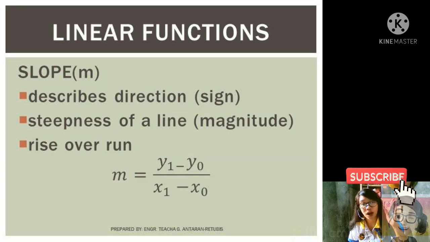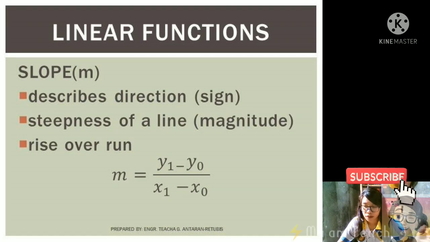The y refers to the vertical distance only, while the x sub 1 and x sub 0 are your horizontal movement. Your x sub 0 is your previous point and your x sub 1 is your final point. All you have to do is subtract to determine the change in position, or the distance between the 2 points. So you simply get the rise over run to get the slope.